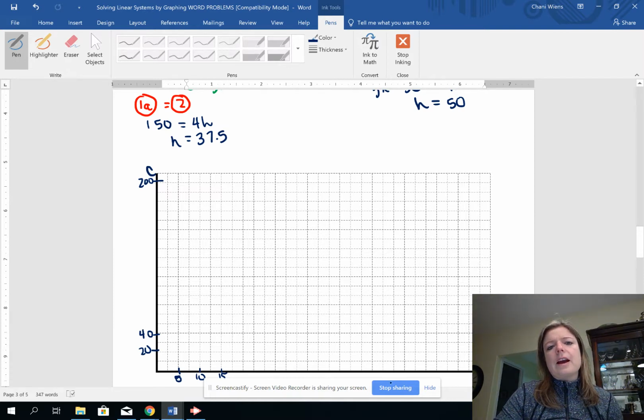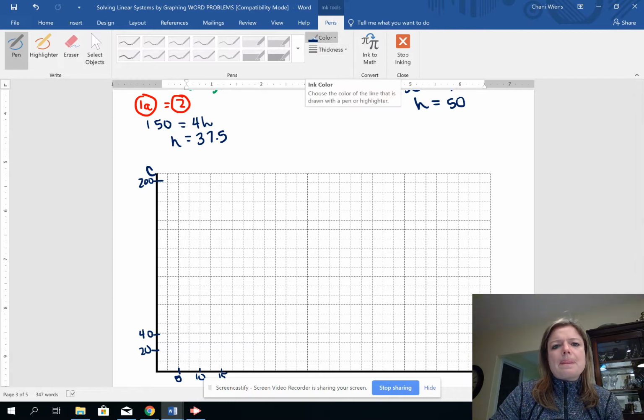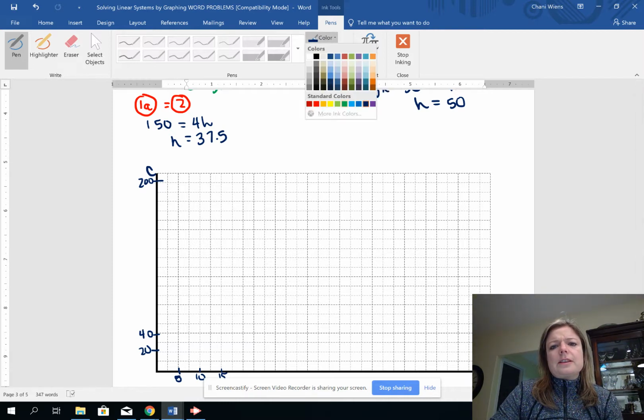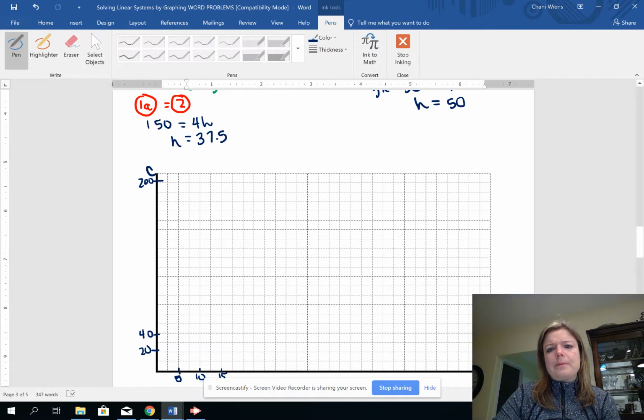Really you should label all those. So I can graph this relatively simply. Sylvia's was red. So at $0, she's at 0 hours. I know that. And I know that at 50 hours, she's at 200.